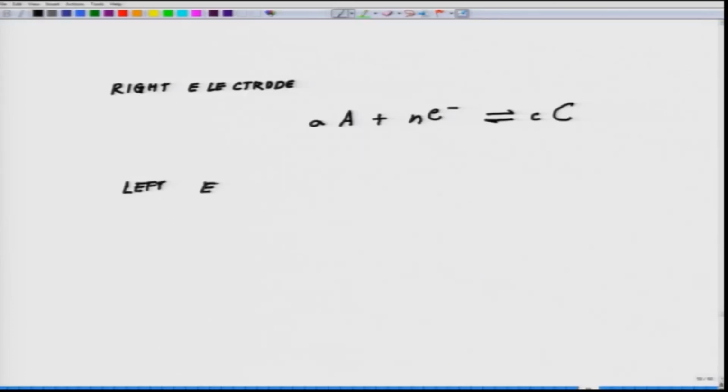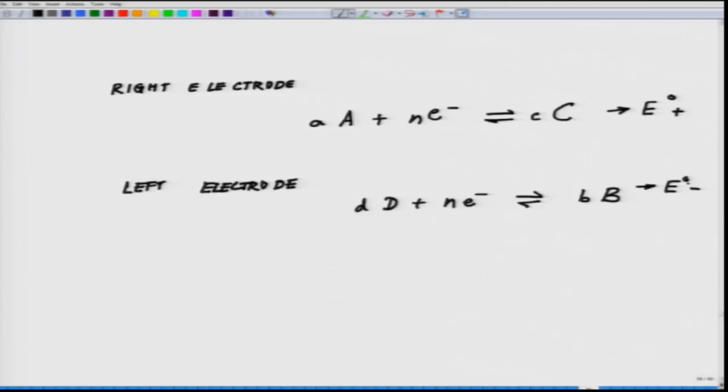Say for example, on your right electrode you have the reaction A plus ne gives C, whereas on your left electrode you have the second reaction, D plus ne gives B. Now, if you write down the Nernst equation, this is the right electrode, this is your E plus, and this we have already talked about, E minus.